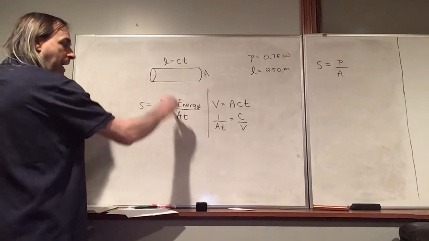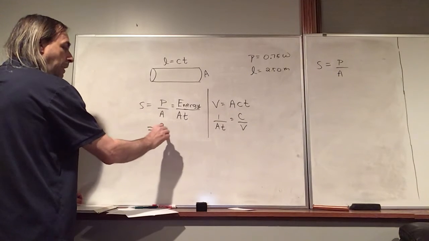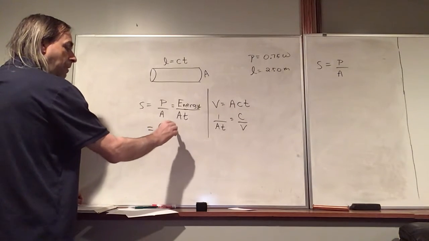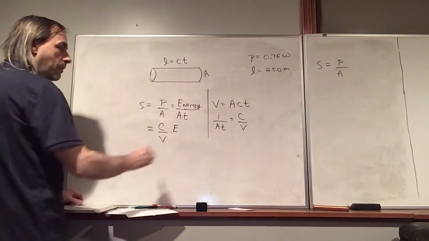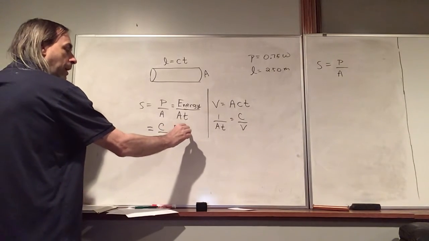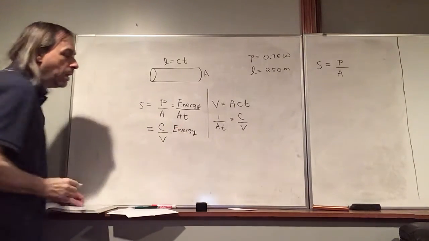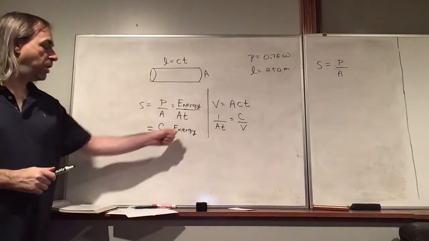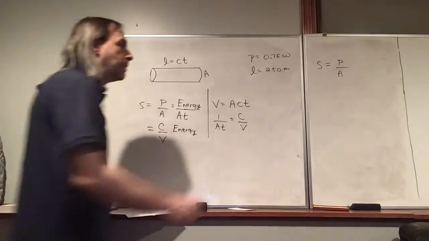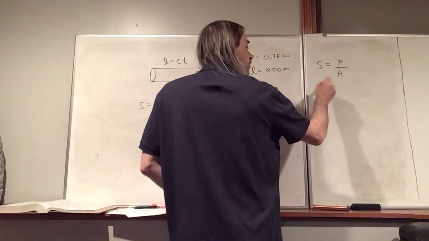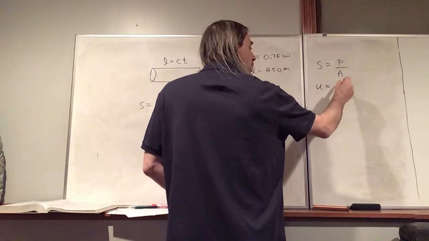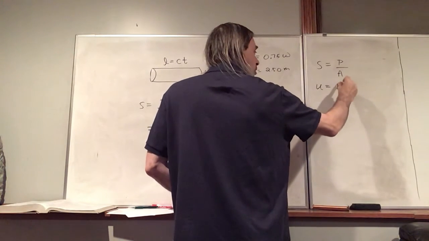So this 1 over Δt in front, that's C times 1 over V times energy. And then here, energy over volume is energy density. So let's write that down. Energy density is energy over volume.